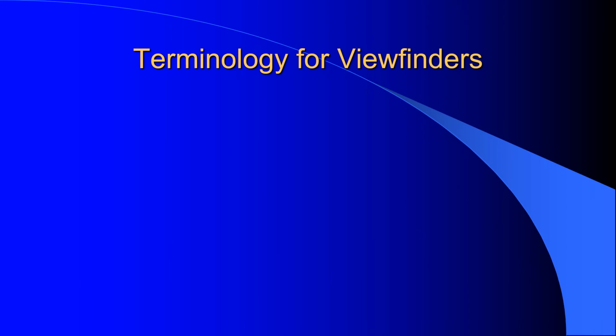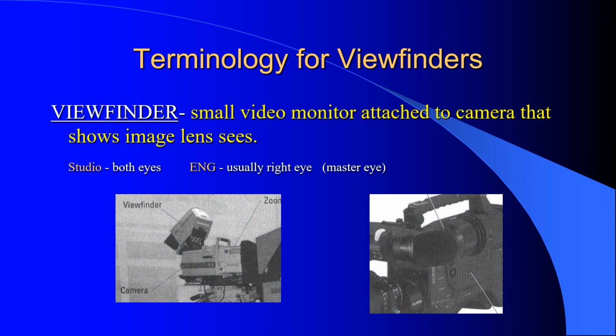So now let's look at some terminology related to viewfinders. The viewfinder is really just a small monitor on the camera. In the studio cameras, it's of course much larger.